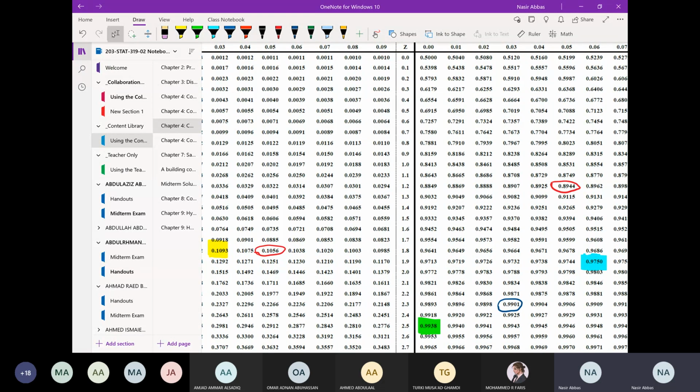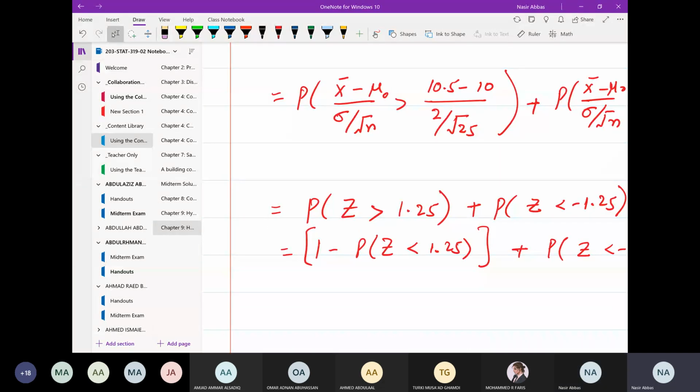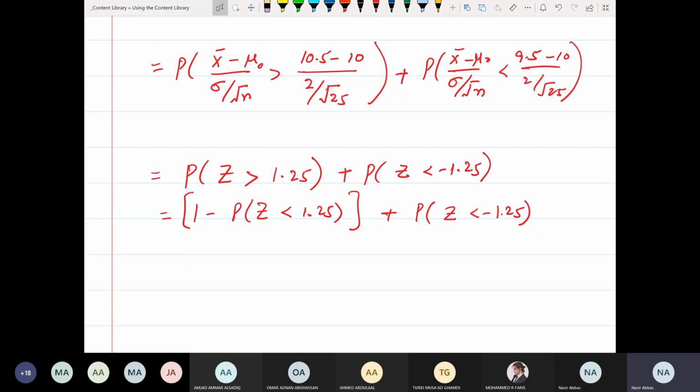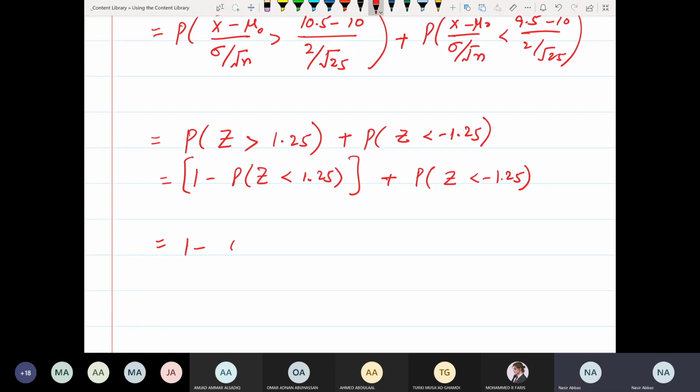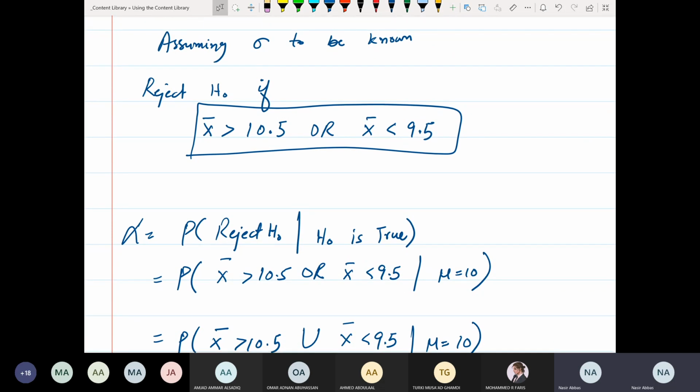So 0.1056 and 0.8944, that will be equal to 0.2112.